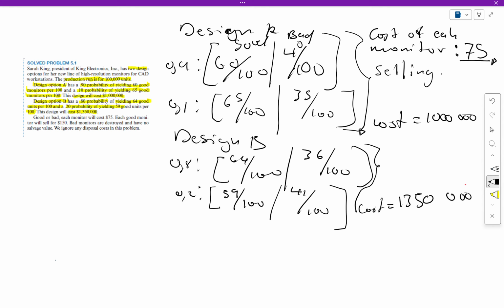So the selling price is 150. Then bad monitors are destroyed and have no salvage value. We ignore any disposal cost in this problem.